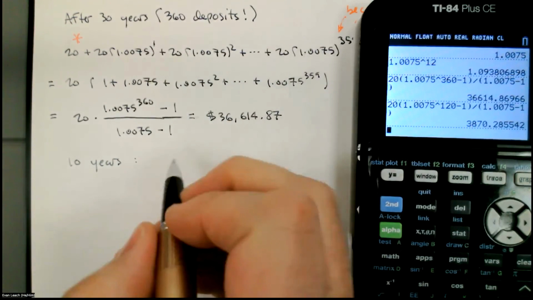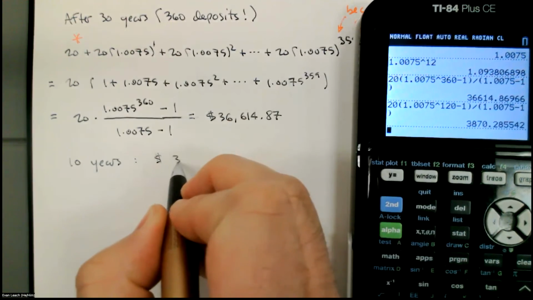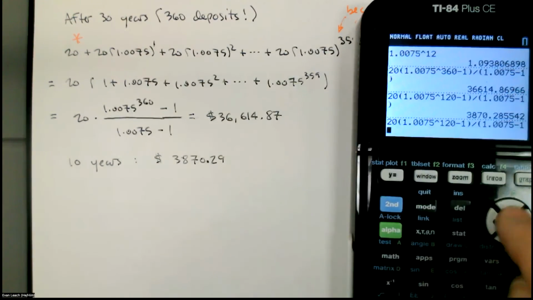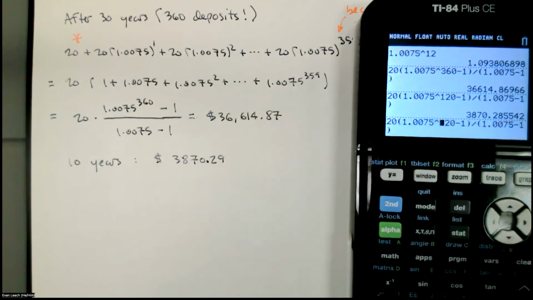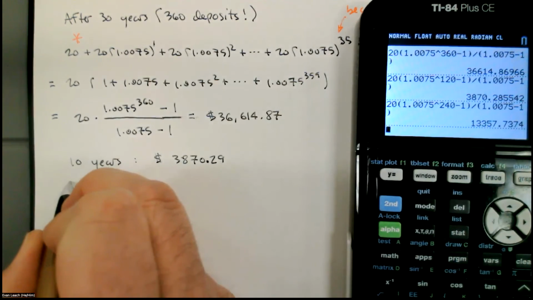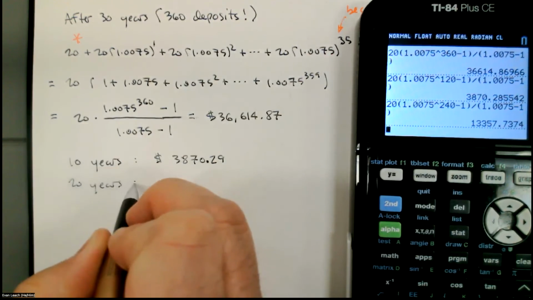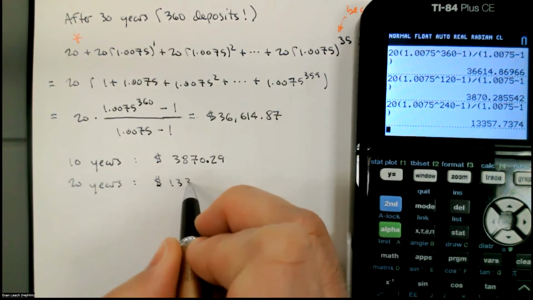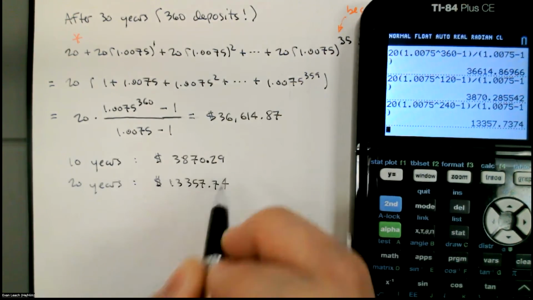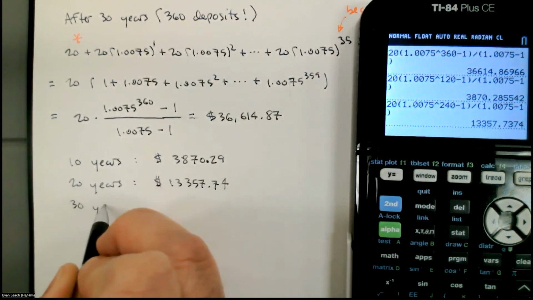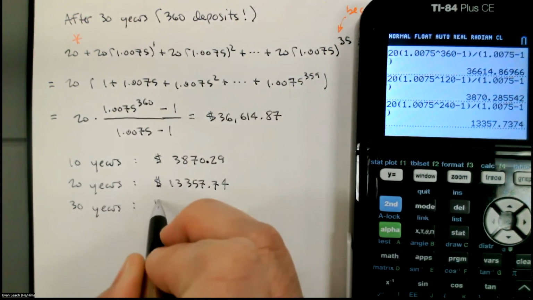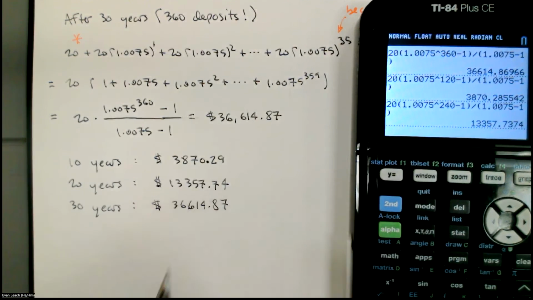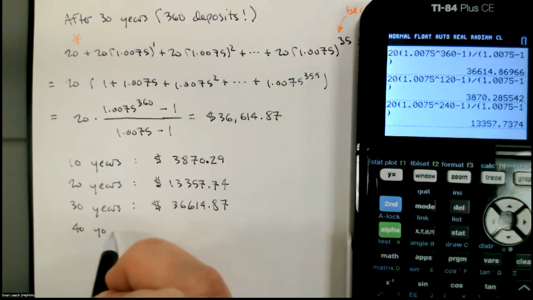So that'll be 3,800. 20 years, we can go 240. 30 years, we'd already done. 36. We could long haul this.